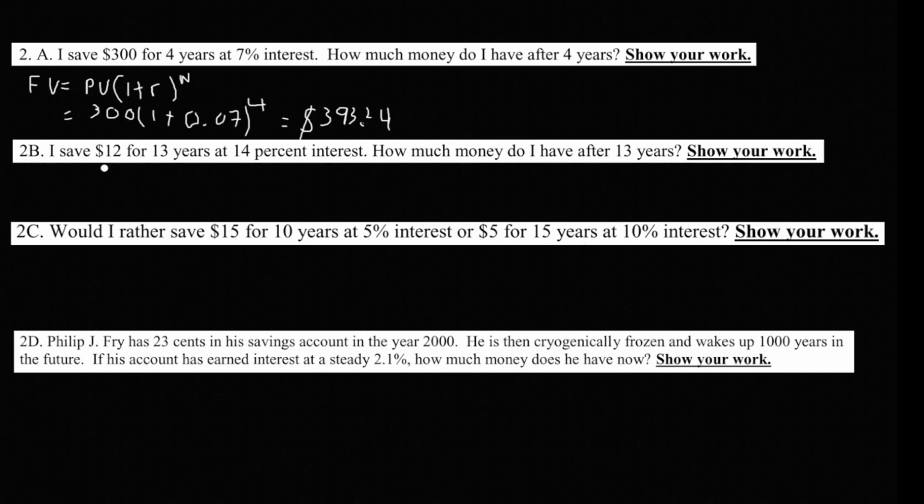Here I'm not going to rewrite the formula, but I will show the substitutions. I save $12 for 13 years at 14% interest. How much do we have after 13 years? All right, so our present value, 12. Currently, you have $12. I save for 13 years at 14% interest. So 1 plus 0.14.